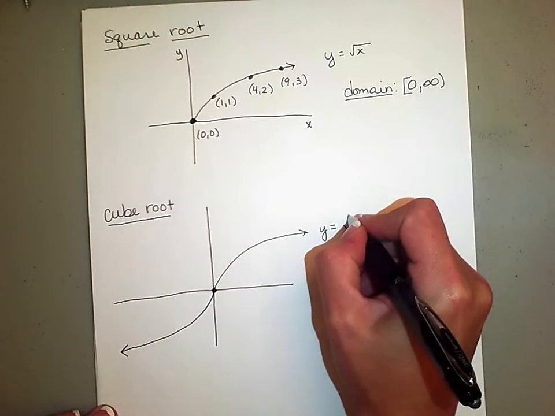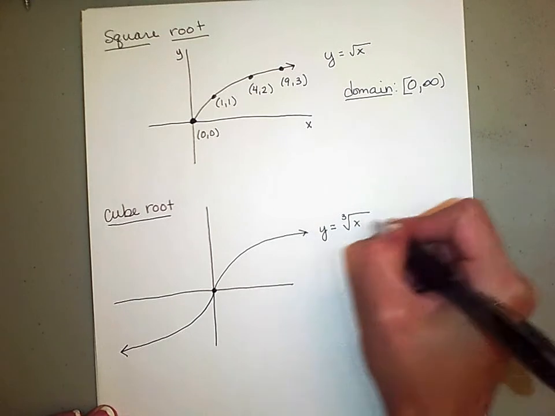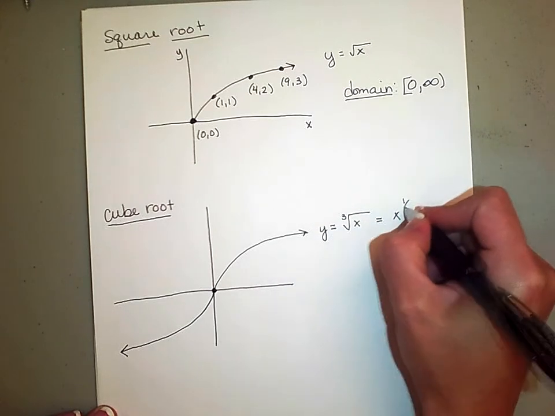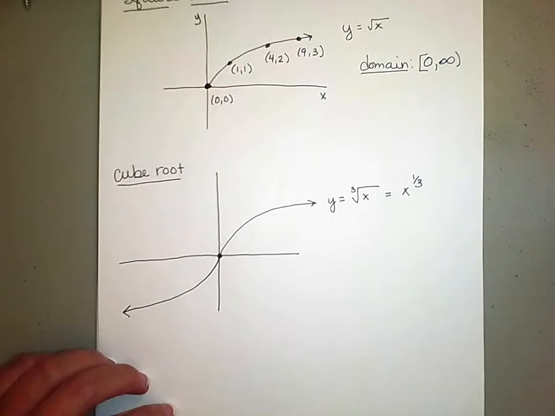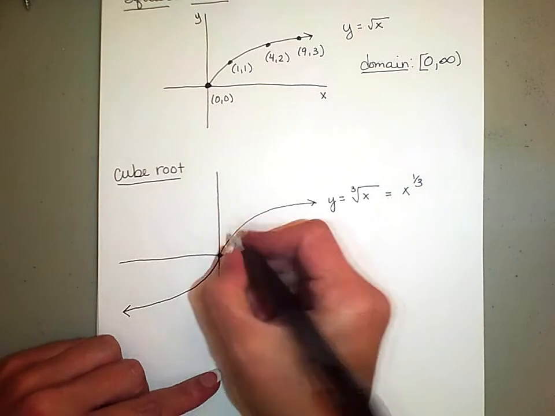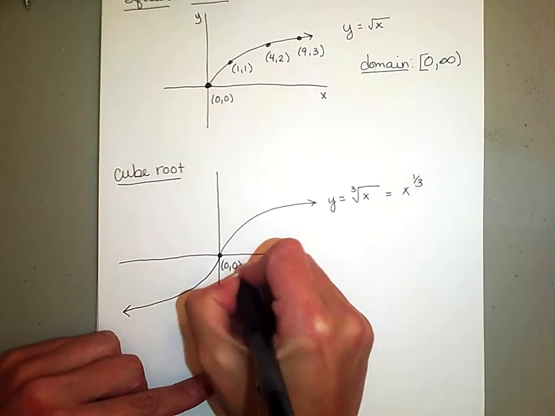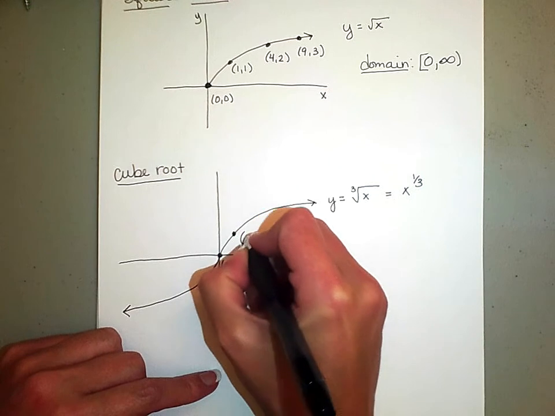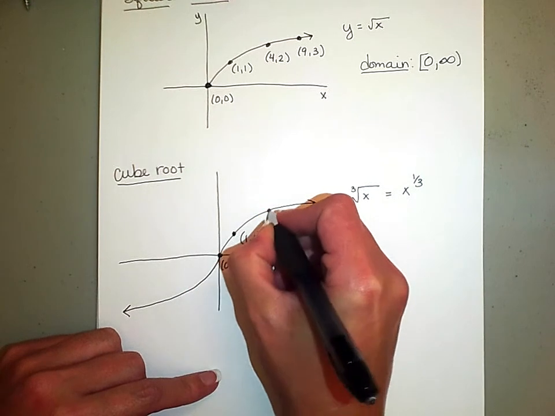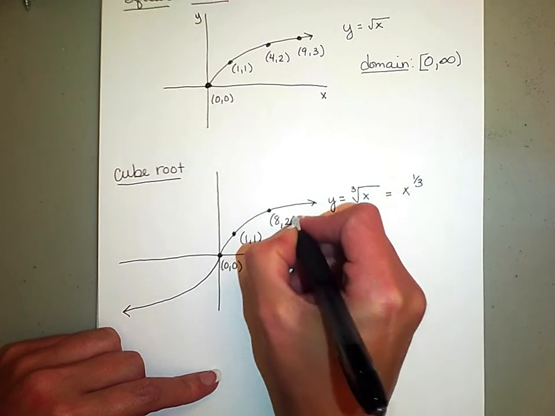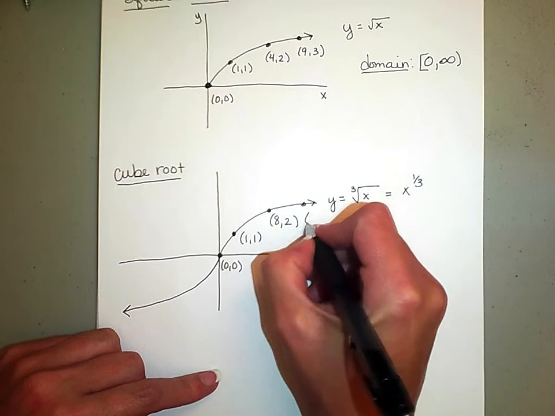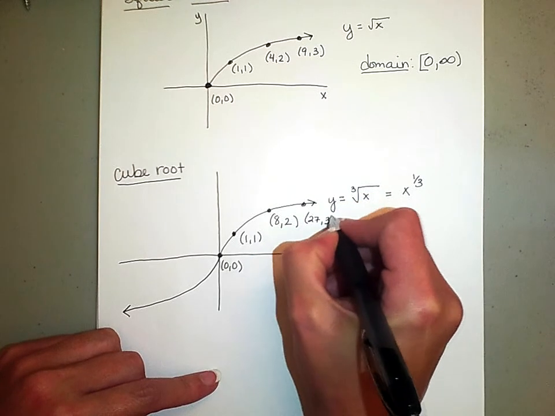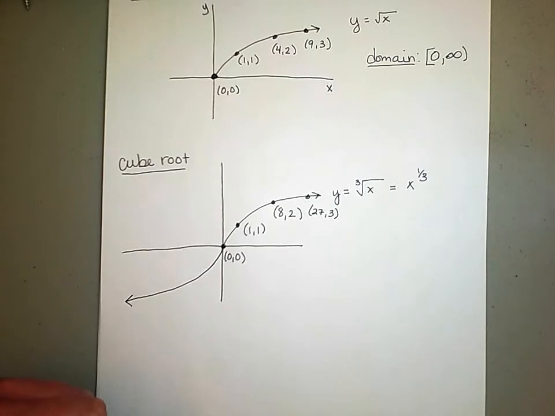This is a sketch of y is equal to the cube root of x, which is the same thing as x to the 1/3 power. Again, 0, 0 is on the graph. The cube root of 1 is 1. The cube root of 8 is 2. The cube root of 27 is 3. These would be on there.